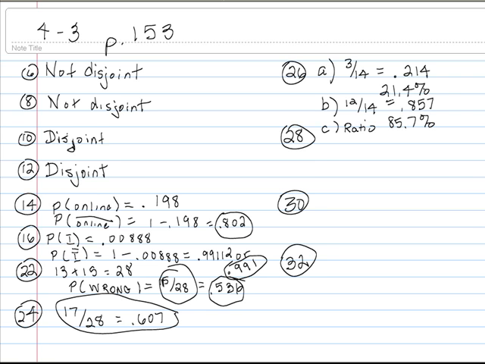Okay, so the first thing we need to do is figure out how many people we have in this table. And so we need to add the numbers quickly. And I got 1205.